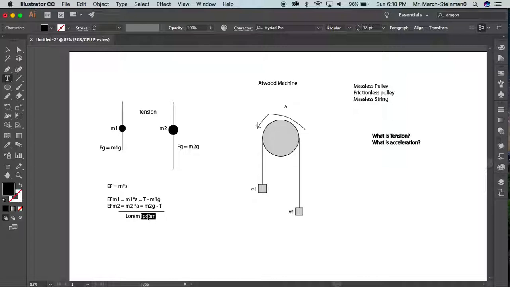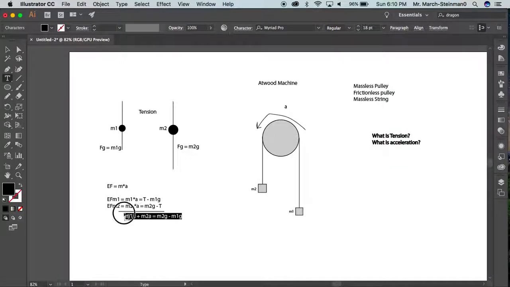On the left side, well, m1a plus m2a is just m1a plus m2a. And that's equal to, on the right side, well, plus tension minus tension is 0. And m1g negative plus m2g positive is just m2g minus m1g.